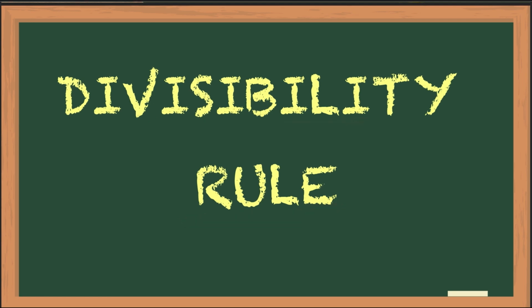Divisibility rule helps us do calculations faster, like identifying whether a number can be divided by 11, by 2, by 3, and many more. In this video, we will go through all such rules for every possible number, and by the end of this video, I assure you that you will be able to solve many such questions later on in your life.